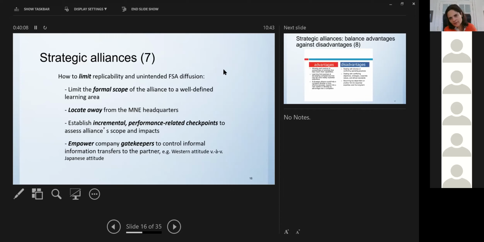Gatekeepers to control the informal information transfer to the partners. So there should be people that really monitor the flow of knowledge from the partner to the other, the second partner, and see that there is no crucial information. In fact, sometimes in the literature we find that Western companies are a bit too tolerant. Japanese companies are very strict in keeping knowledge confidential.